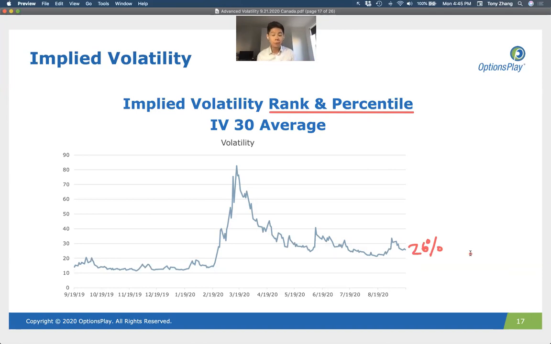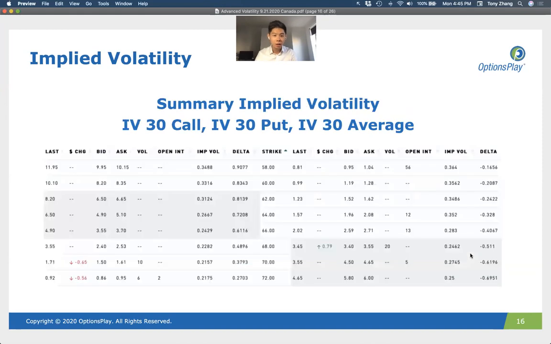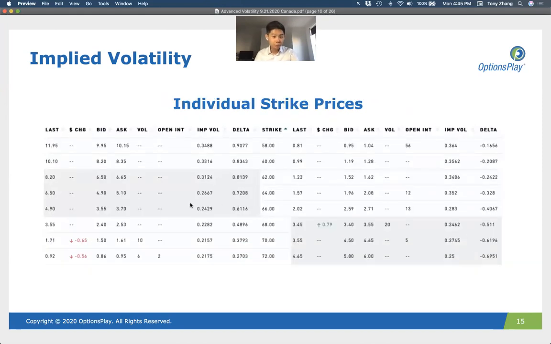So unless you were the type of person that tracked the day-to-day implied volatilities, you would have a tough time gauging, for example, if I told you that the average calls right now are roughly at about 23%, right? The average implied volatility of this October at-the-money call option is 23%.